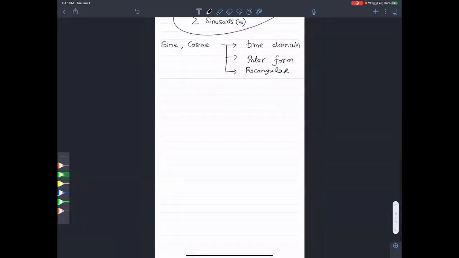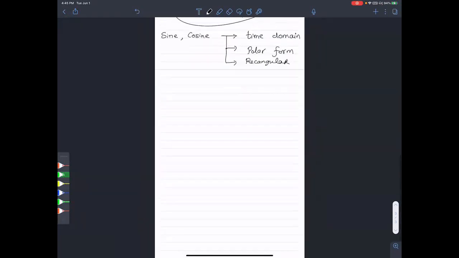9.1 is understanding the representation of a sinusoid. Then 9.2 is about the phasor, representing the sinusoid in time domain, polar form, and rectangular form.